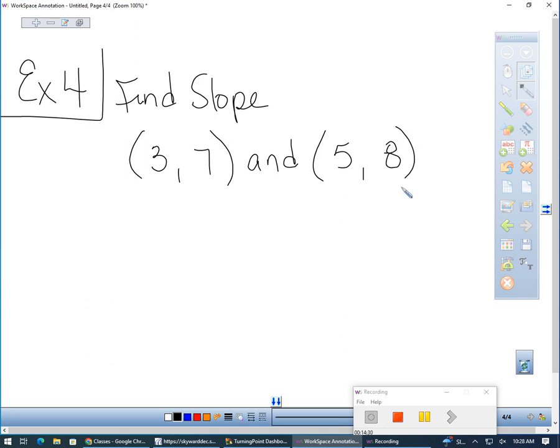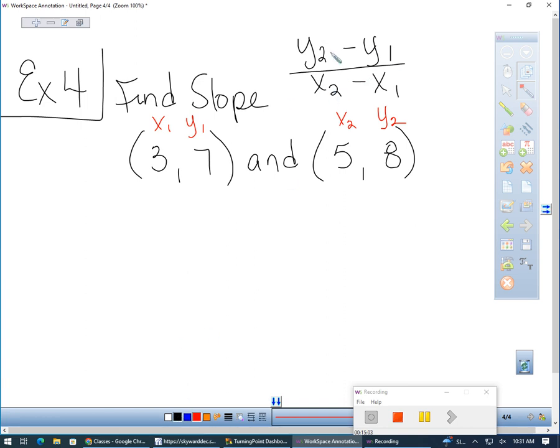Now, when we're going from 2 points, that's where we use that equation we started with, which was y2 minus y1 over x2 minus x1. Now, where those come from are in the points. This first point is my x1, y1, because that's my first point. My second point is my x2, y2. So that tells me what numbers I'm going to plug into this equation.